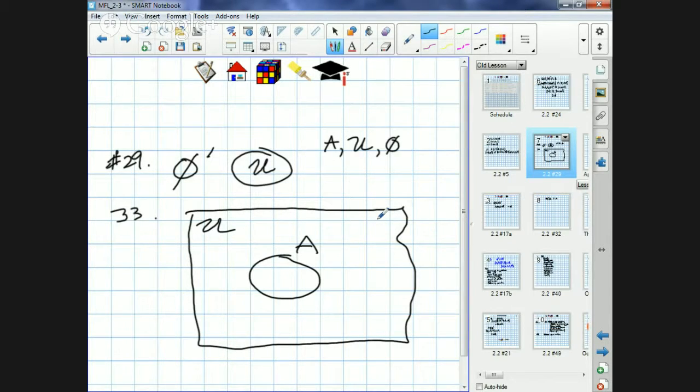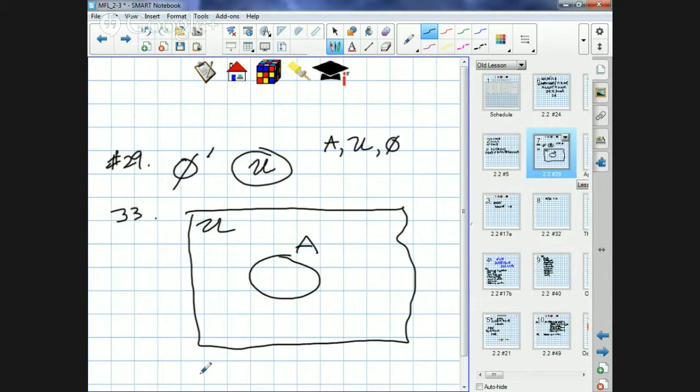It's in set A. So 33, A intersect the universal set, the answer would be A.